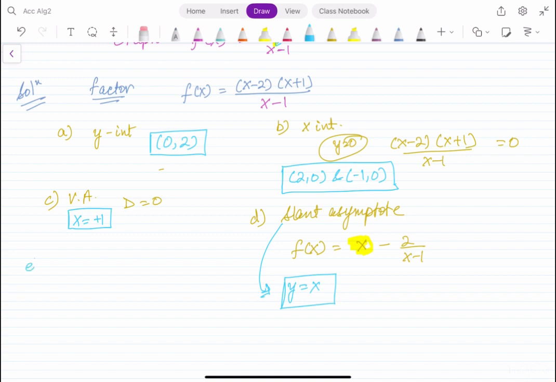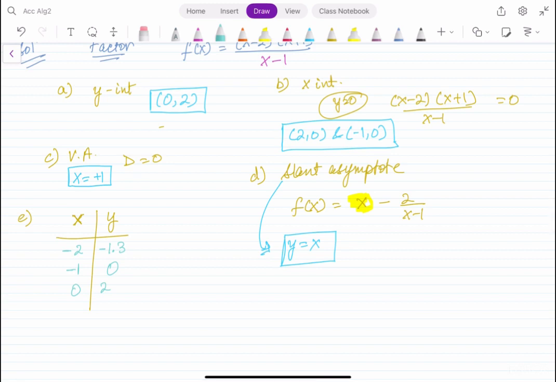After this, we can have some test points. And test points are nothing but creating an x and y table. So take a bunch of x values and then find the y values. We have a few x values from the intercepts and the vertical asymptote. So we can use those. I took -2 as x, then -1 is the x-intercept, then 0 is 2, which is the y-intercept, and let's take 0.5 or half.